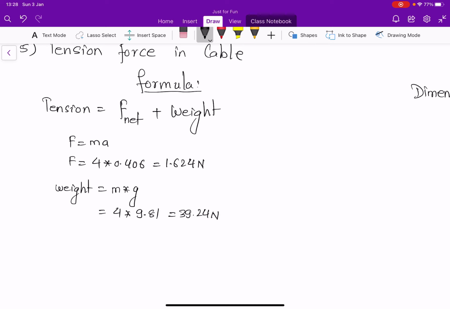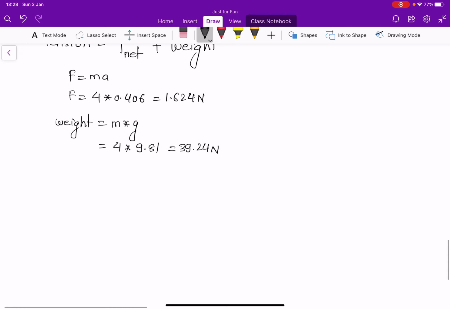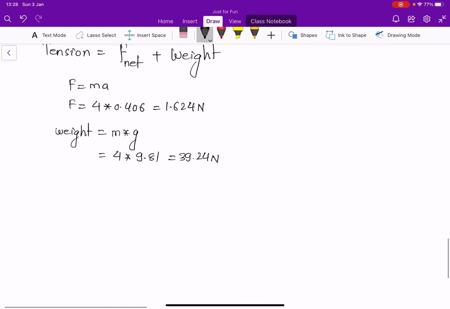Okay, all right, and then adding them together, we're going to get our tension as basically 1.624, which is your mass times acceleration, plus 39.24, which is for the weight, and we got our 40.86 Newton for the tension.